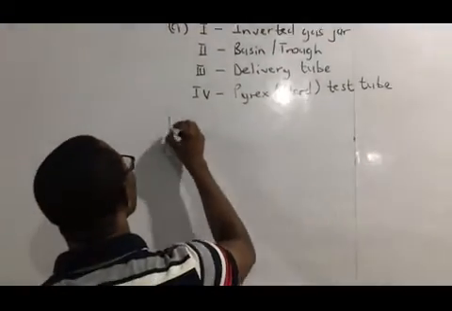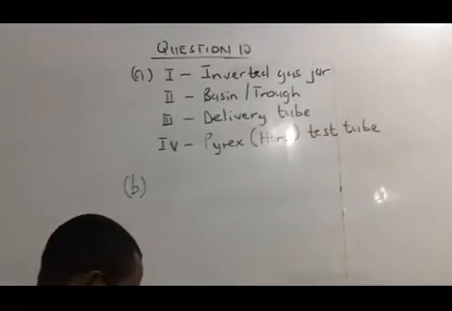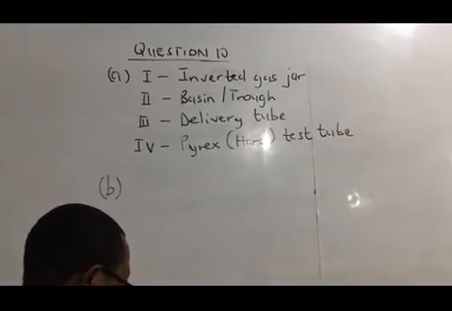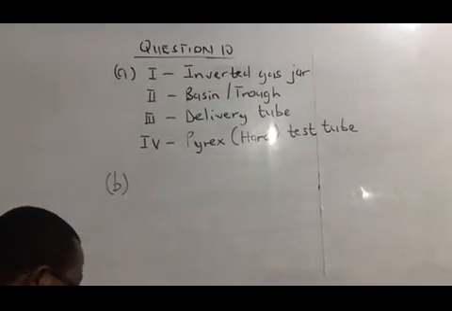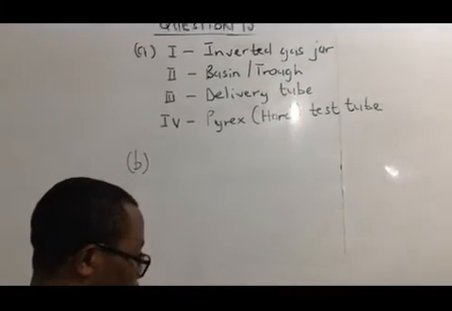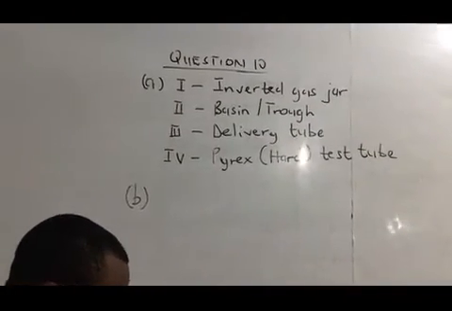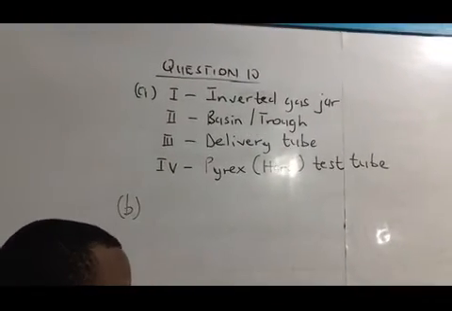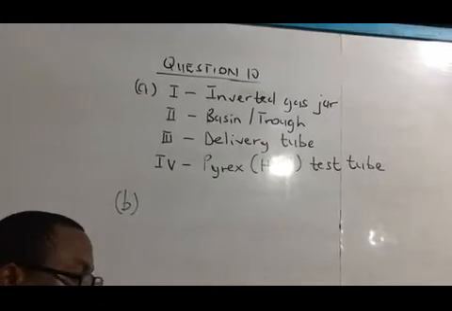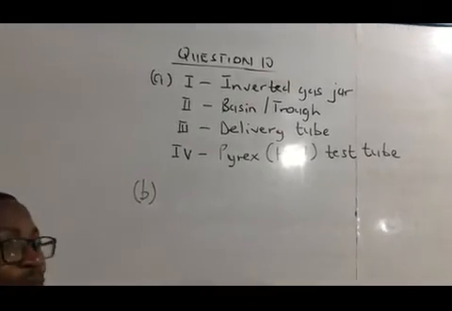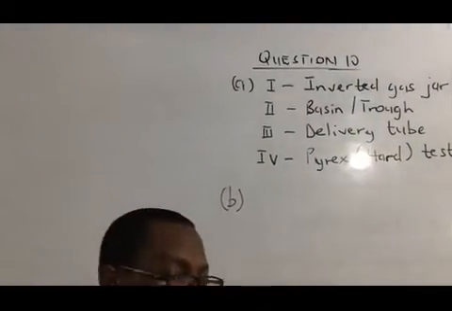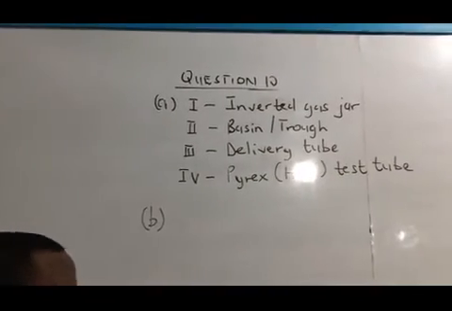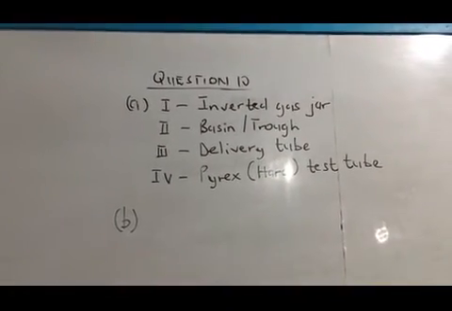And the B. Question B says, write down the names of the chemicals used in the part labeled IV. You'll be informed that you are preparing oxygen gas. I told you there are two ways of preparing oxygen gas.